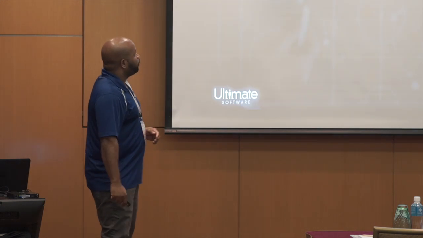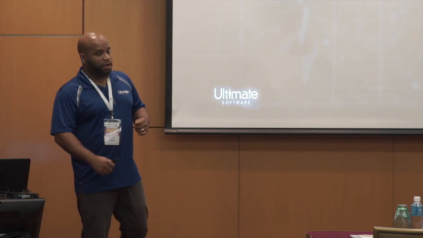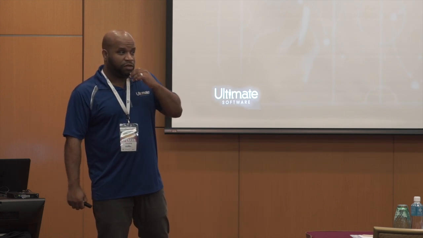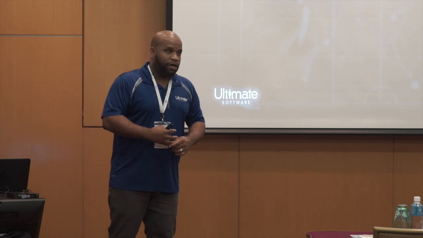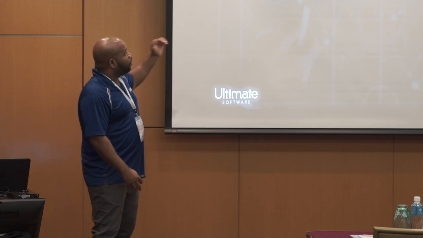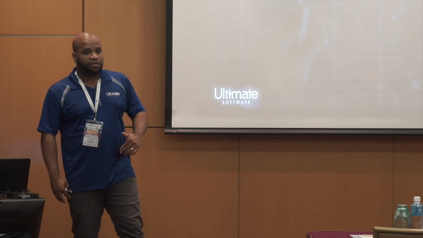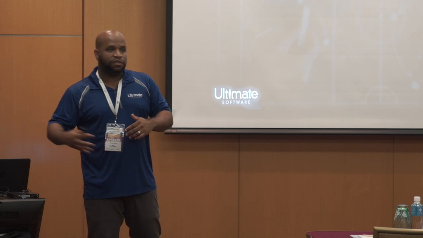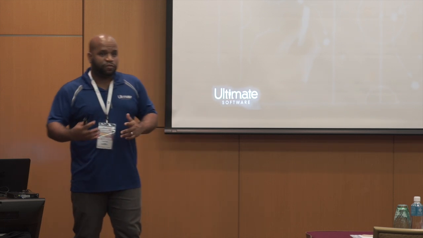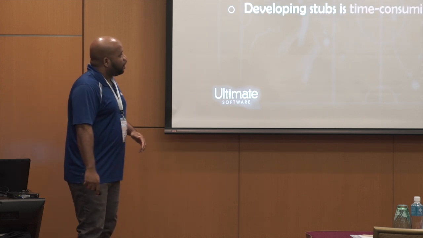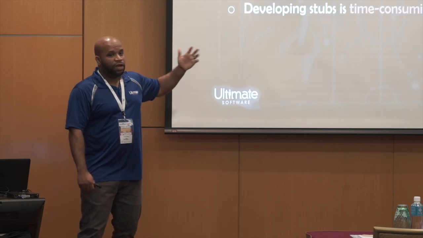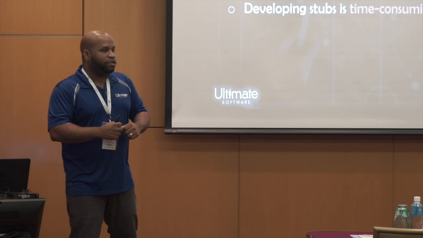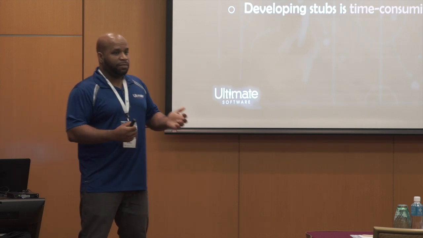So the first one is called integration test ordering, right? And the purpose of this, and this comes a lot from academia, is to find an optimal order for doing integration tests that can help you to reduce how many mock services or stub services you need to spin up, right? The assumption here is that developing mocks when you're doing integration is very error prone and time consuming, right?